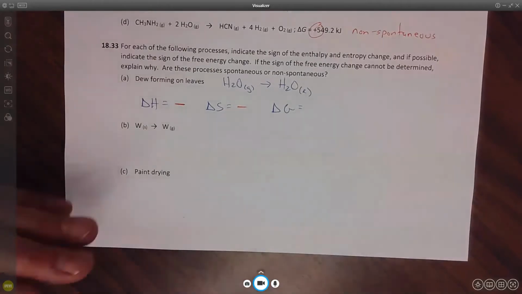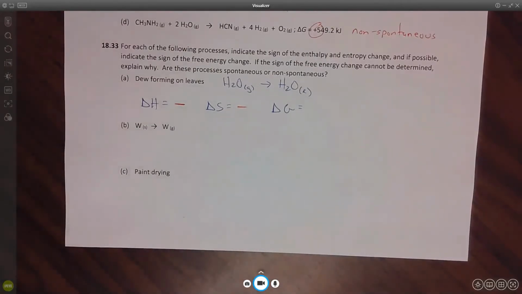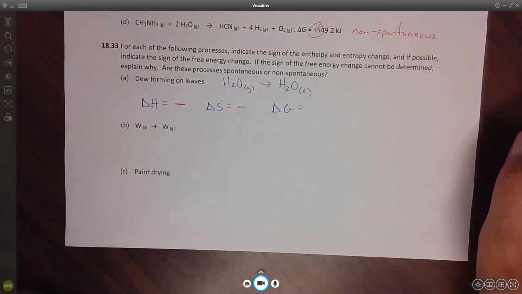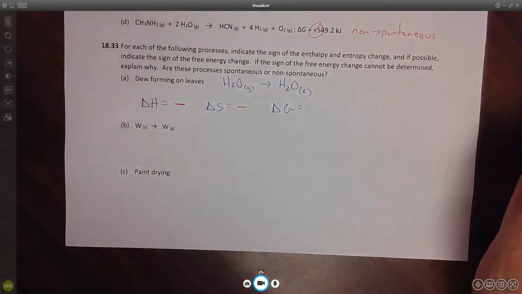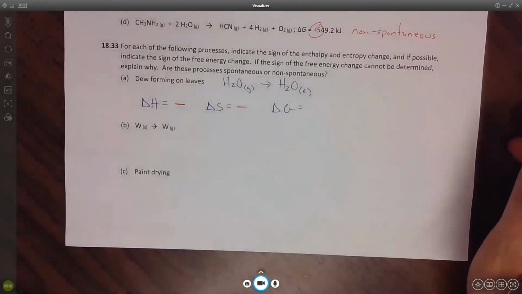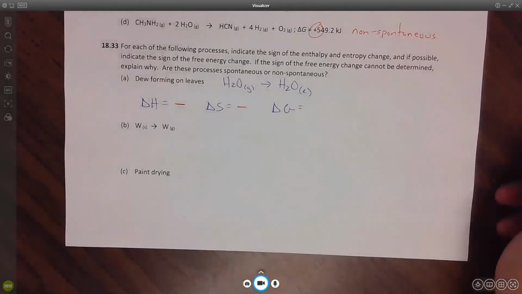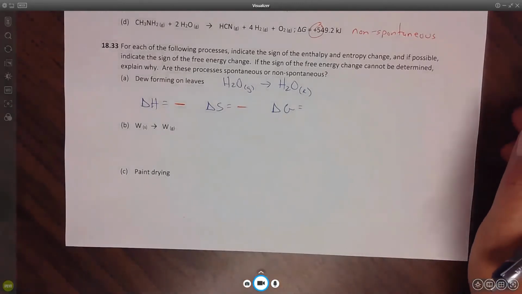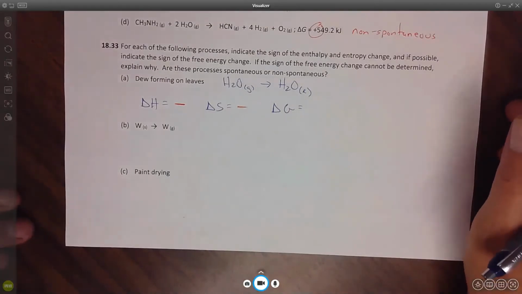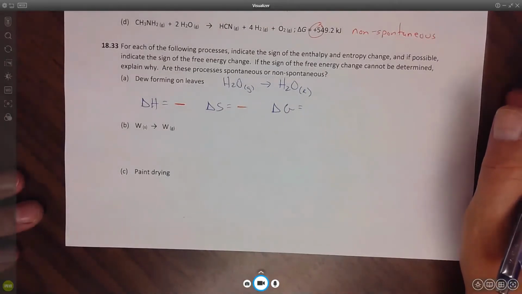Now, how are you going to tell me about del G? What are you going to think of when you try to give me the sign of del G? The energy left to do work. Right, the free energy left to do work. Yeah, absolutely, that would be the definition of del G. But how would we go about predicting the sign of del G?